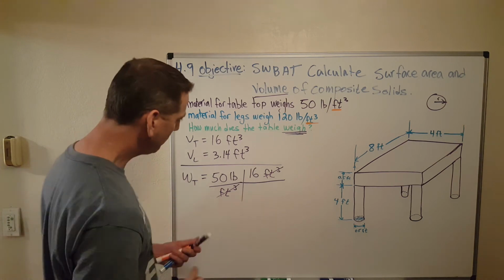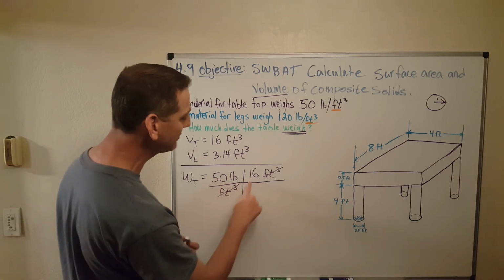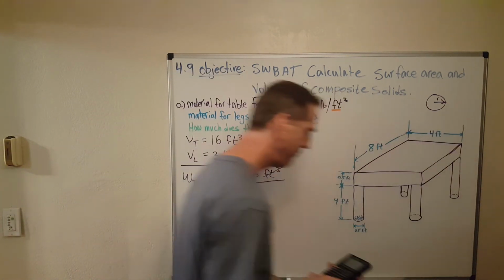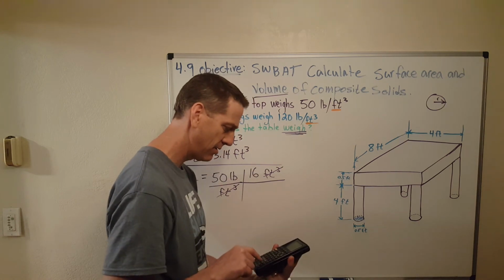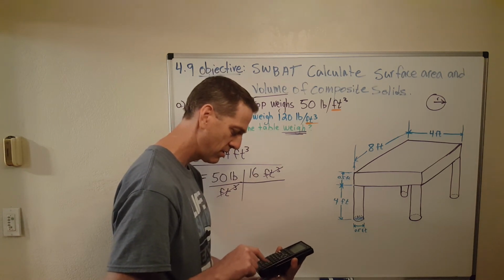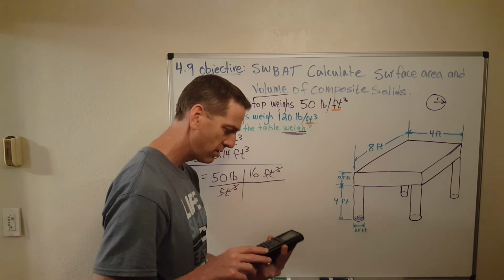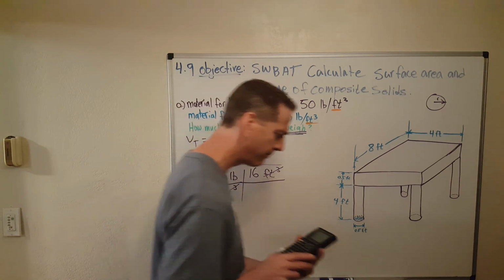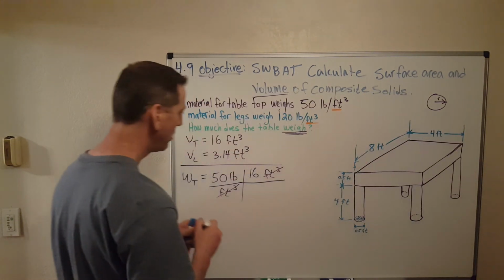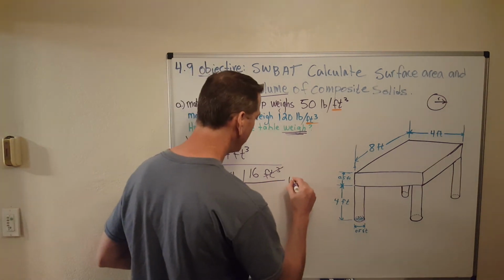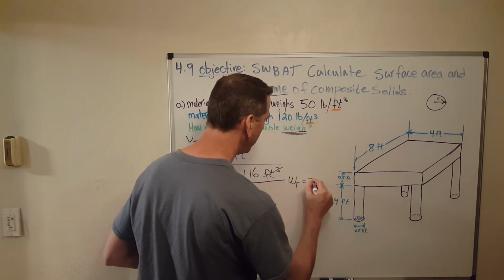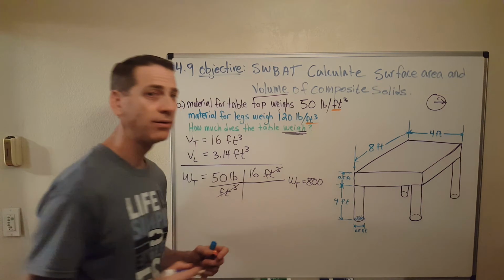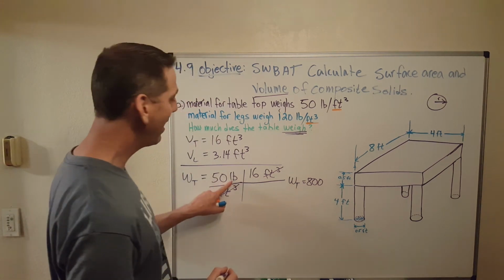All right, so this basically gives me 50 times 16. And 50 times 16 is 800. So the weight of my tabletop is 800 what? Pounds.